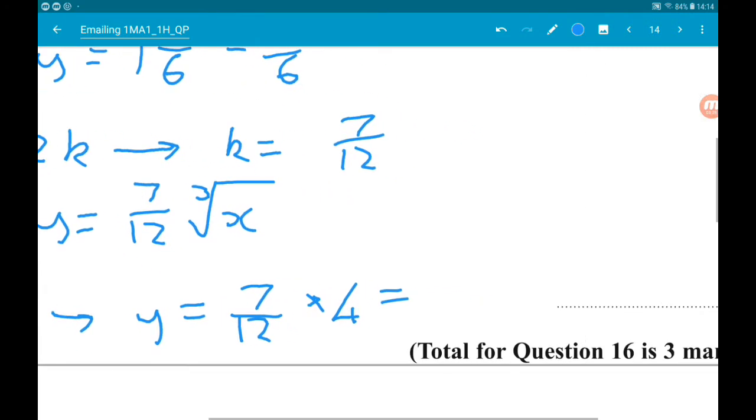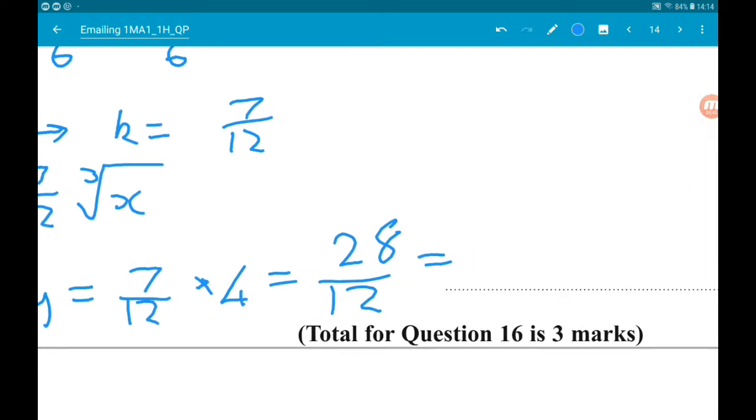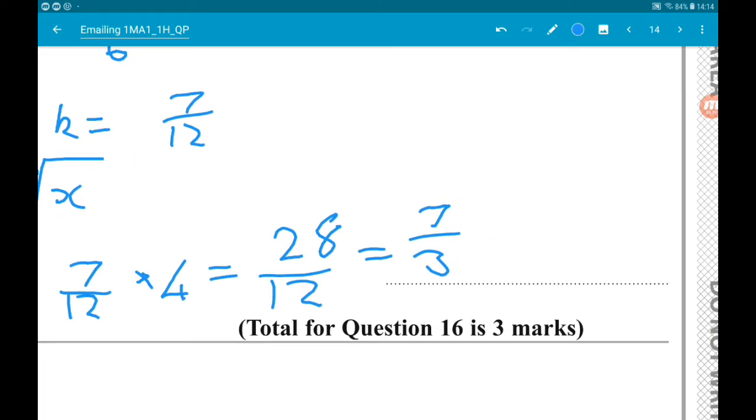Now when you multiply a fraction by a whole number, it's just the top times the number, so that's 28 twelfths. Which is 7 thirds. Now they haven't asked for it in a specific form, but we could write that as 2 and a third.